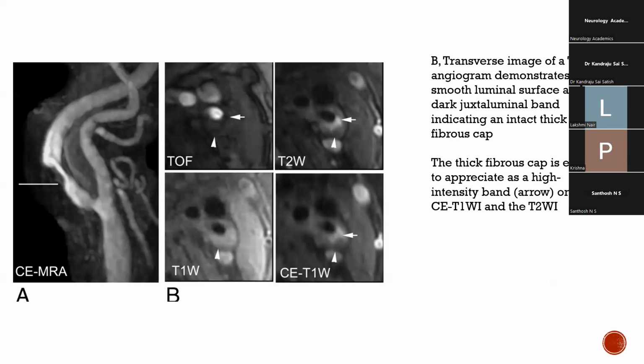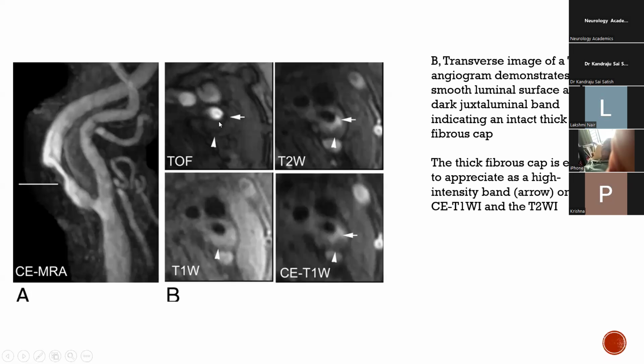In this image, this is the sagittal image, and it shows that there is a plaque in the internal carotid artery. And in the axial section, that is the top image, we can see this is the lumen. The white color is the lumen, and there is a smooth luminal surface.